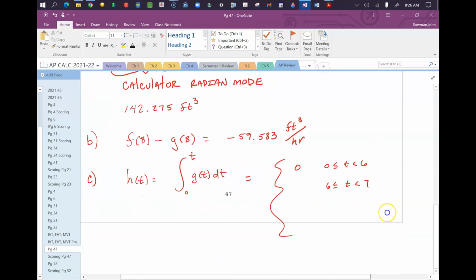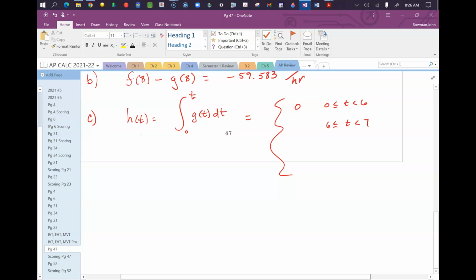So we have to integrate the function from 6 to t of 125 dt. And t could be any number from 6 to 7 a.m. So if we integrate that, we've got 125t, and we're going to go from 6 to t.